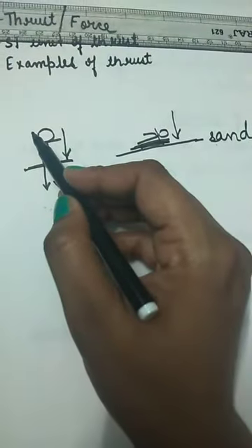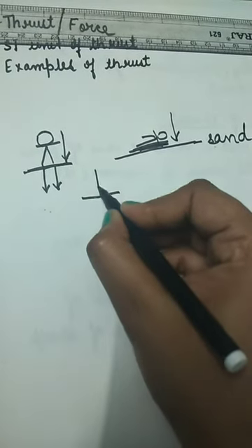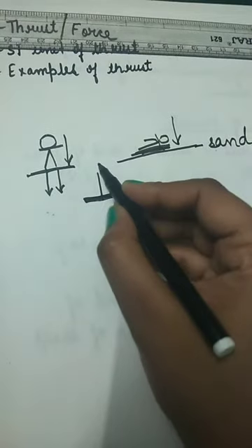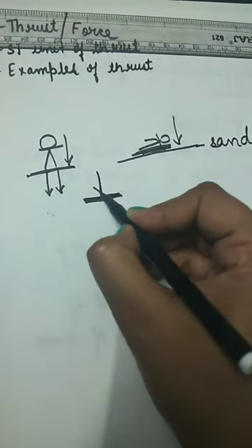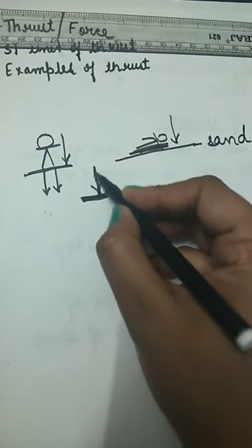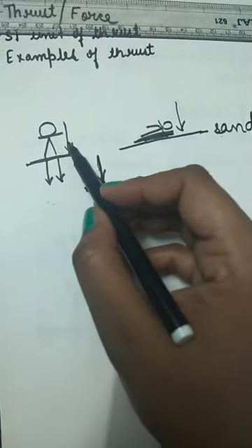and thrust will be less in this situation, because thrust always acts normally to the surface. Normally means perpendicularly, which makes the shape of an L in this way. Thrust always acts normally, or vertically, you can say, straight on the surface of the body, and that is why it is termed thrust.